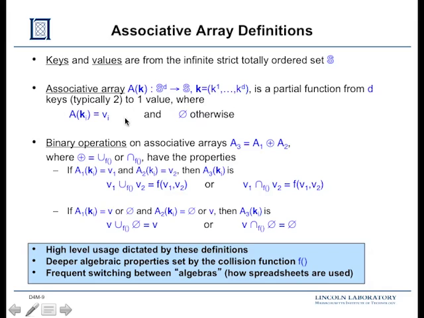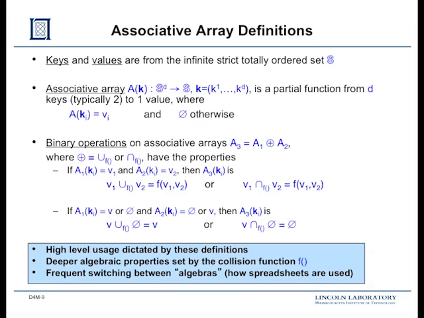So it will look like this: an associative array with a vector of keys, typically 2, will have a value vi, and it is empty otherwise. So this is a function because we only define it where these keys exist. You can imagine that every single associative array is a function over the entire space of all possible keys, but we're only giving you the ones that are defined, and everywhere else it's undefined.